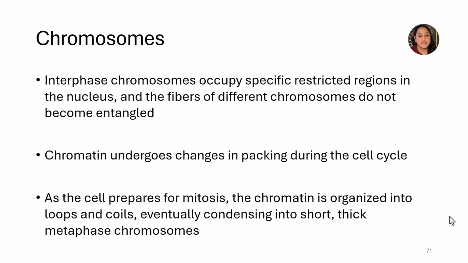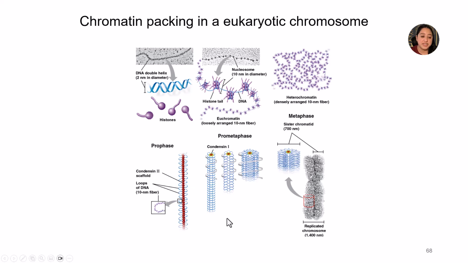And then chromatin undergoes changes in packing during the cell cycle. And as the cell prepares for mitosis, the chromatin is organized into loops and coils and eventually condensing into short, thick metaphase chromosomes.